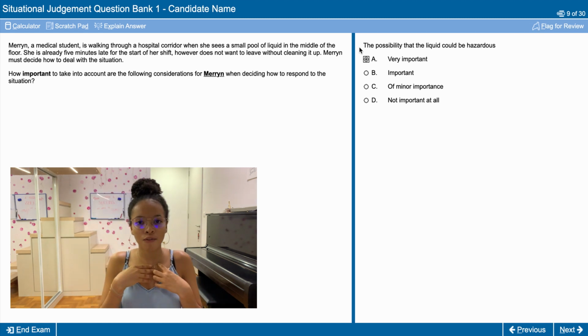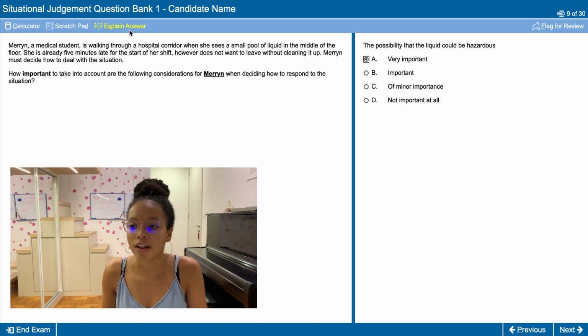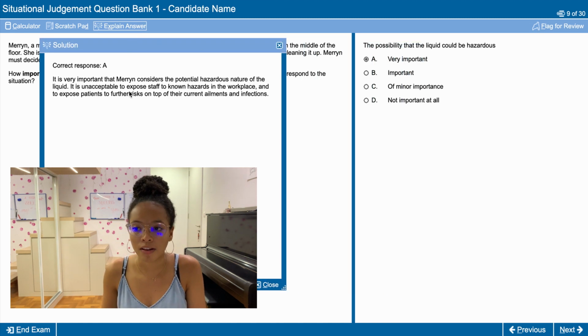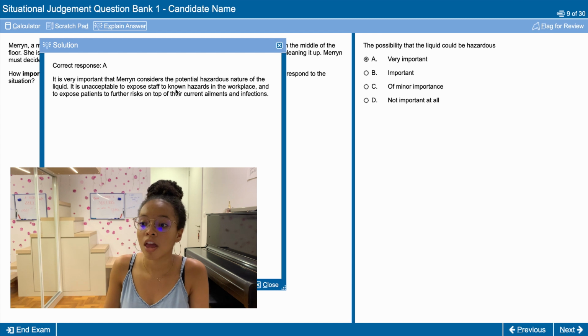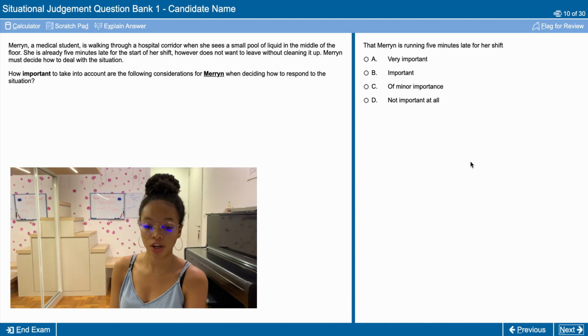If the staff is hurt, then how can they care for the patients? They can't. So the correct answer is A, because it is unacceptable to expose staff to known hazards in the workplace and to expose patients to further risks on top of their current ailments and infections.